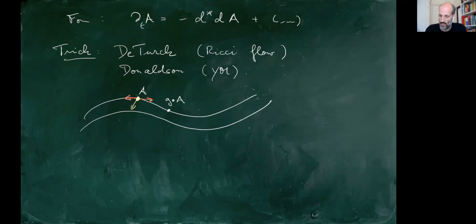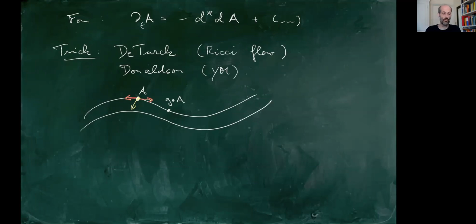And so you can ask yourself now, what sort of terms are you allowed to add here, right? So what is the tangent space to the space of gauge orbits?